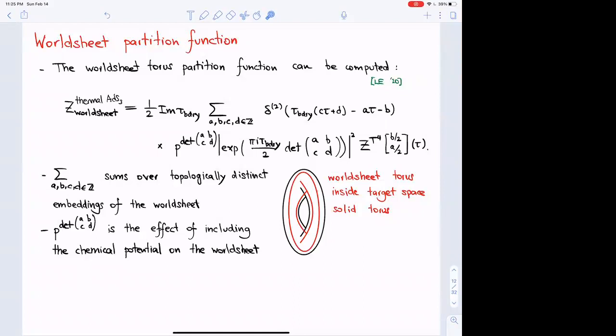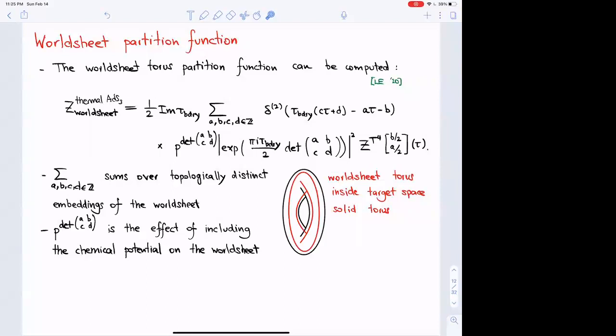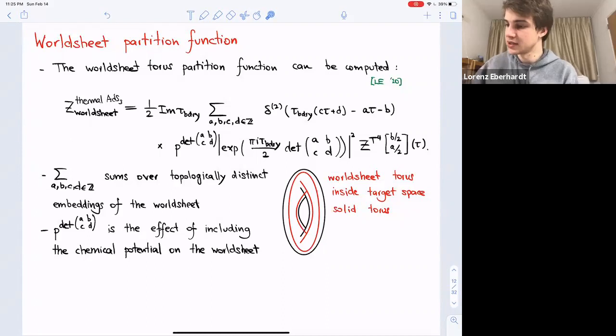Yeah, Lorenz? Please. Sorry, this argument rests on supersymmetry as well, right? This one does rest on supersymmetry, yeah. This is not used in localization to genus 1. Maybe you can trace it back to the supersymmetry.